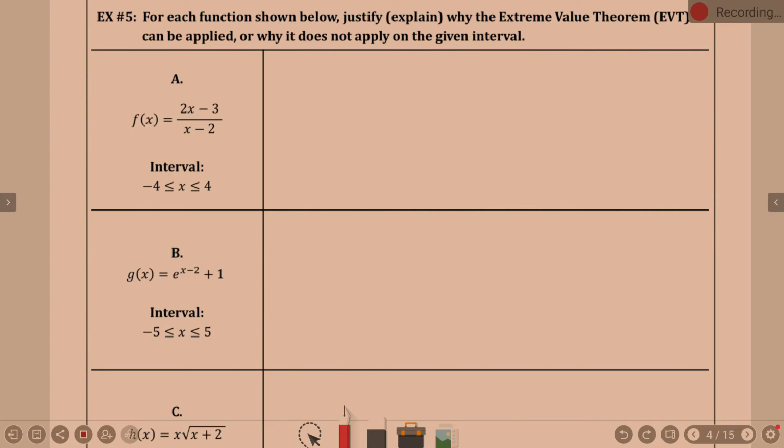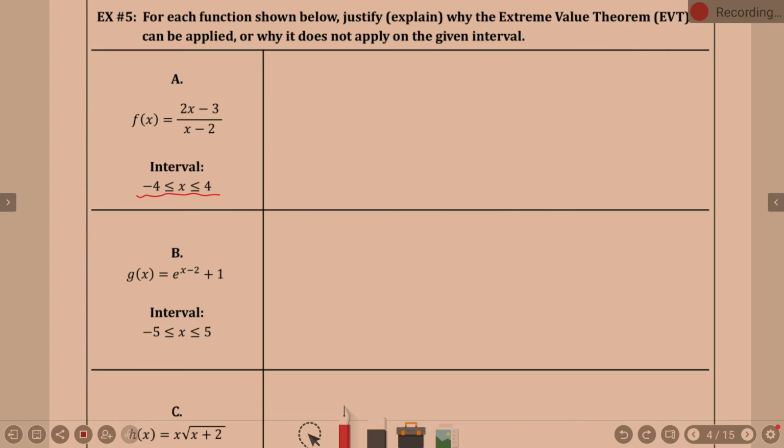So on the given function, (2x - 3)/(x - 2), that's some big function that goes on infinitely in both directions, most likely. We're specifically talking about the interval -4 to 4. Would EVT apply and guarantee us an absolute min and max?